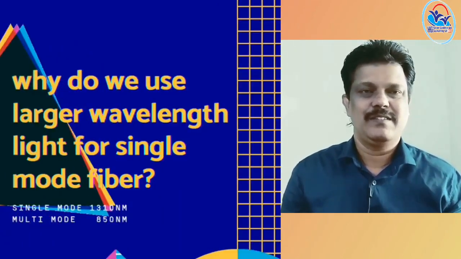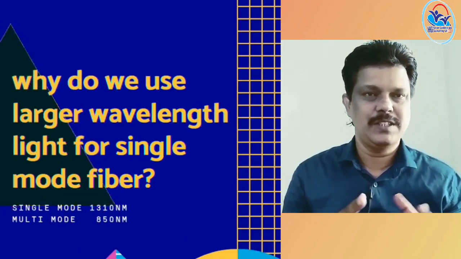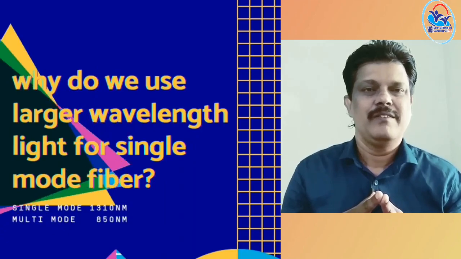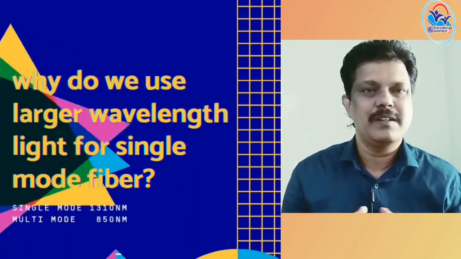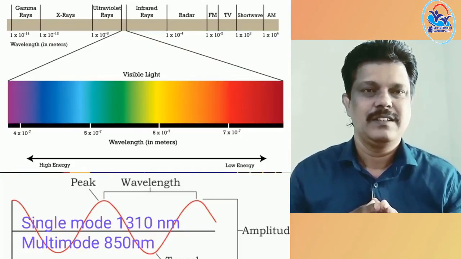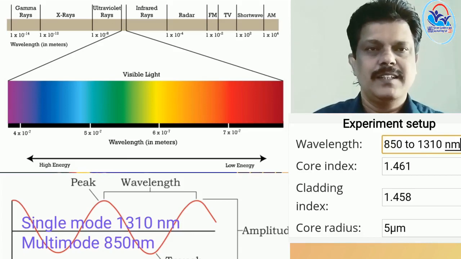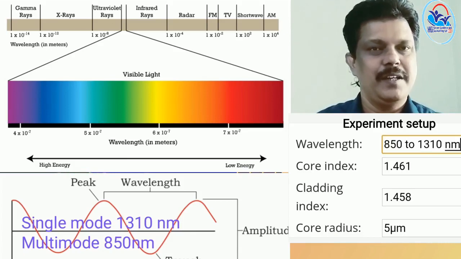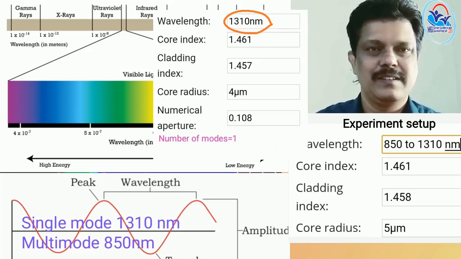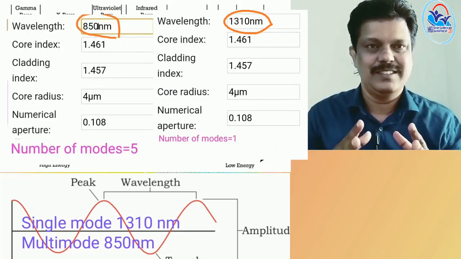Here comes another question. Why does the single mode fiber use a large wavelength like 1310 nanometer, whereas in the case of multi-mode fiber, we are using 850 nanometer, a smaller one? That is the question. If we conduct an experiment by increasing the wavelength of the light from 850 nanometer to 1310 nanometer, we can see that the number of modes present in the optical fiber will decrease.